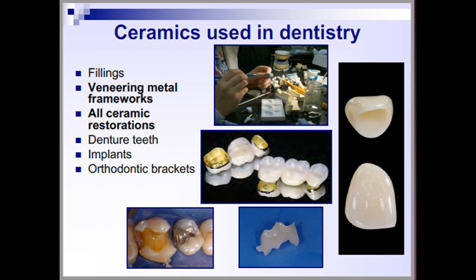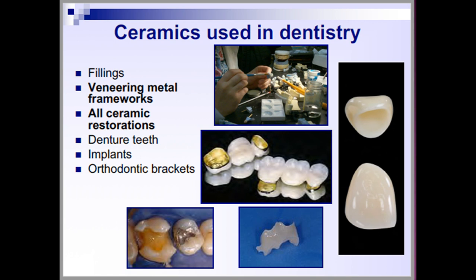The first one being according to composition. Second one according to processing or according to manufacture. How we manufacture ceramic material from different combinations of non-metallic oxides or raw materials.